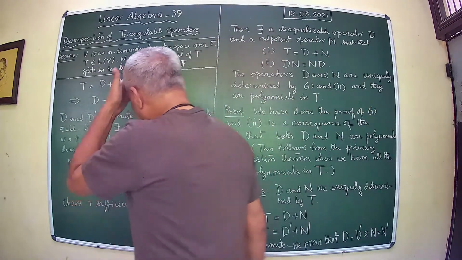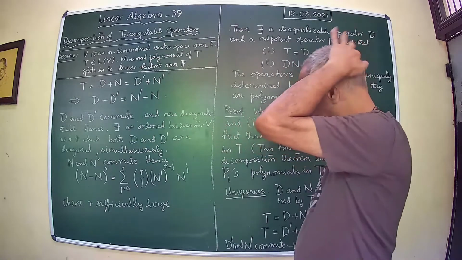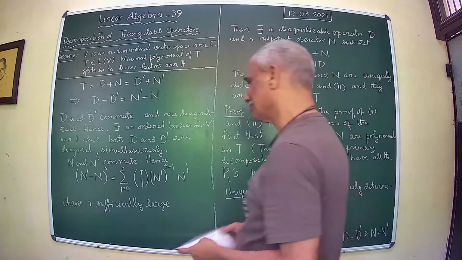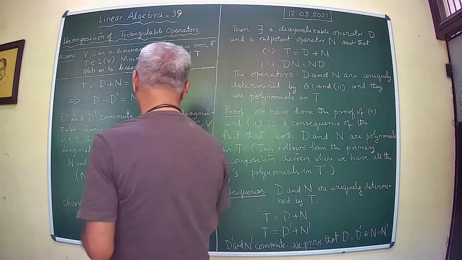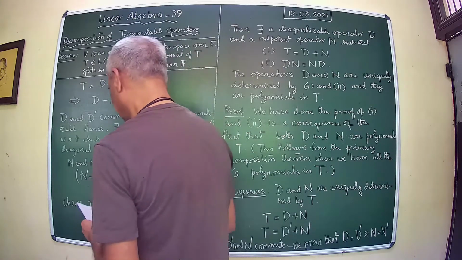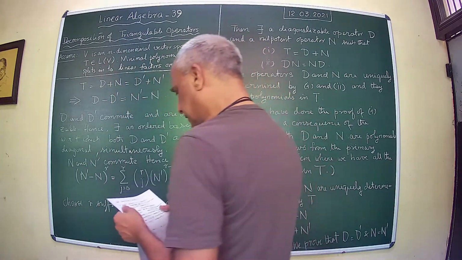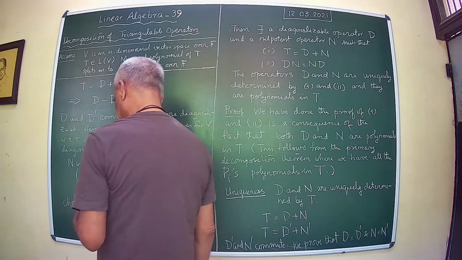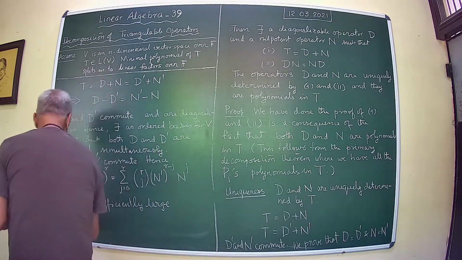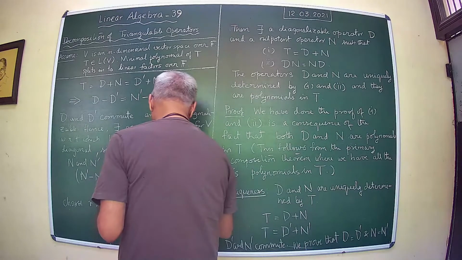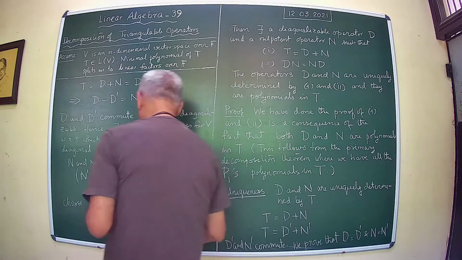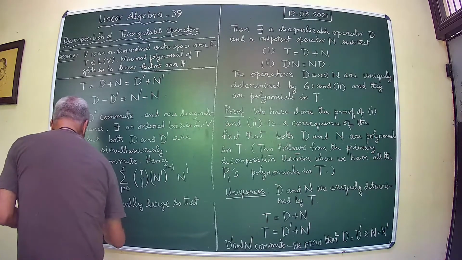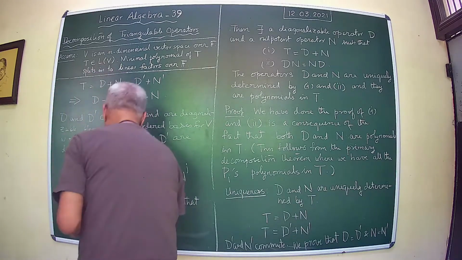So now if you choose r greater than, say, r1 plus r2, then suddenly each one of these terms is 0. So if you choose r sufficiently large, because both N and N prime are nilpotent, we use this fact. This is possible.